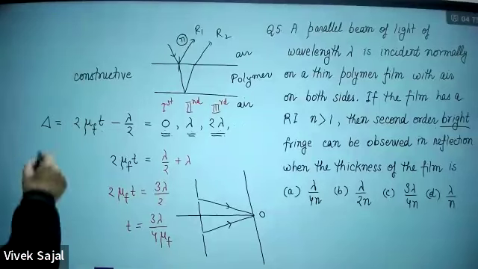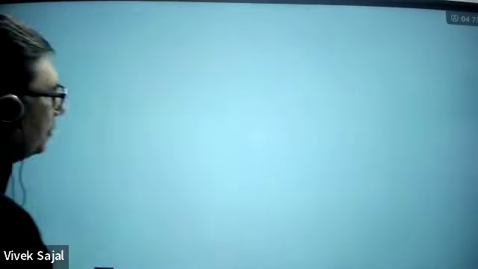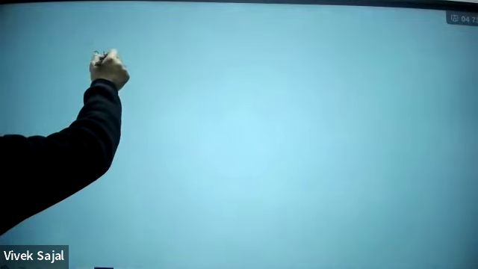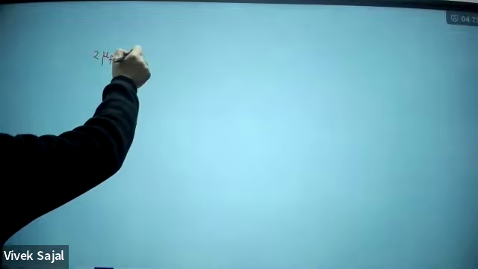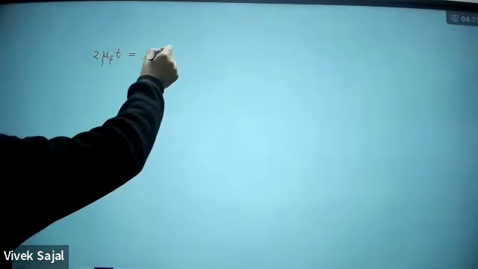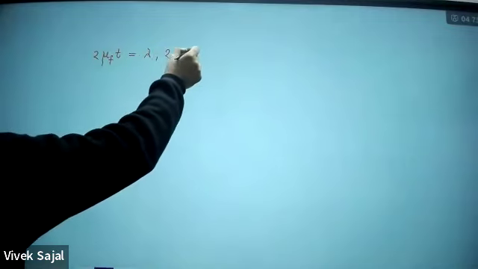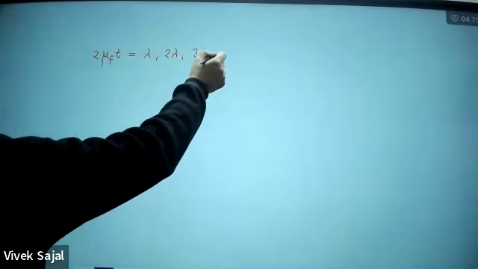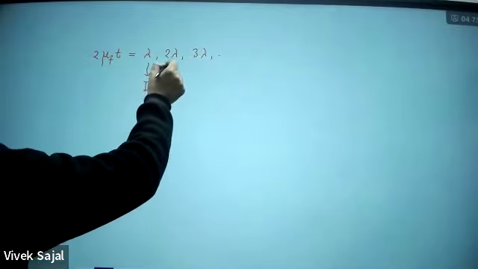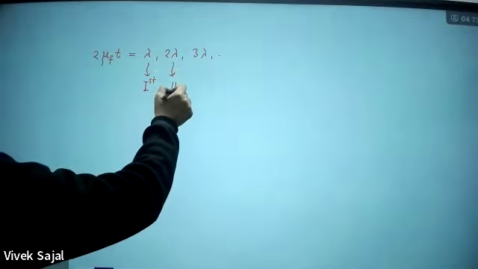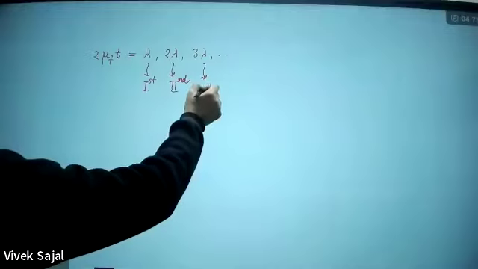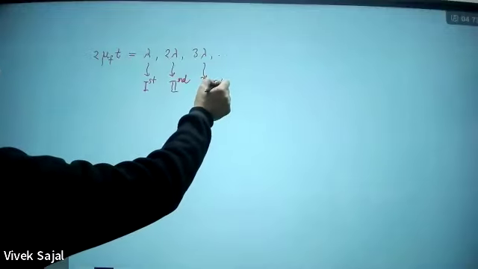Suppose you have another question where the situation is like this, 2 mu t. Try to understand. Here you cannot choose 0, so this will be lambda, 2 lambda, 3 lambda. So this will be the first again. This will be second order. So 0th order is not here. This will be third. Okay?